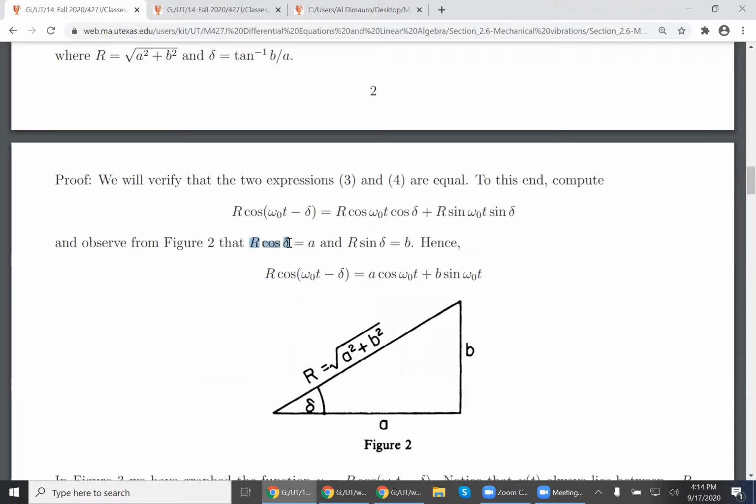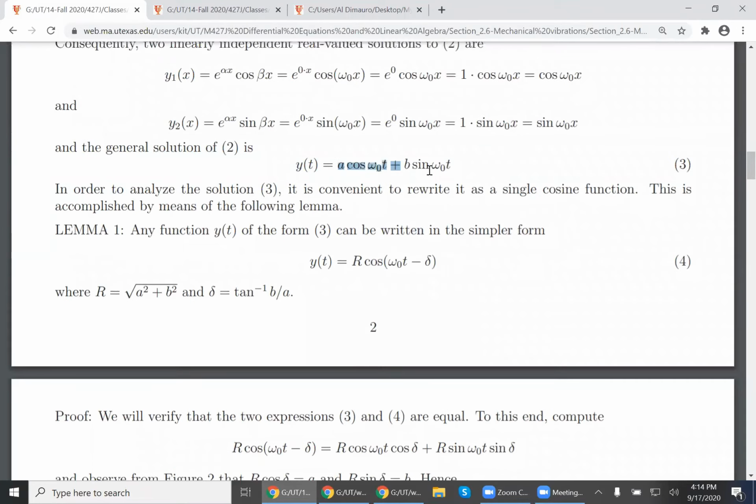Therefore, R times cosine is A. Similarly, by definition of sine, B divided by R is sine of delta. Therefore, R times sine is B. And now, let us replace R cosine by A, done. And let us replace R sine by B, done. Note that what is written here is exactly this. Therefore, indeed, y of t can be written as this.